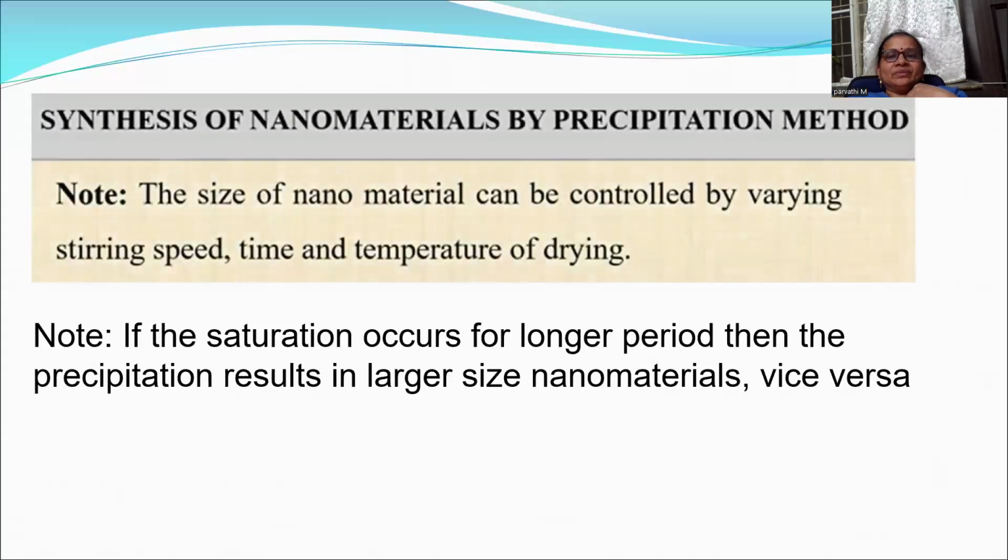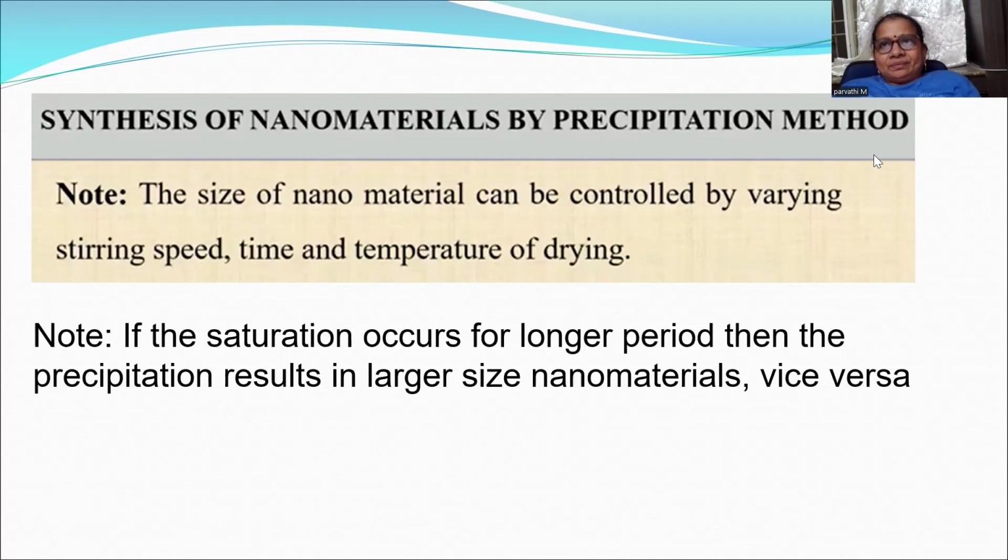In the synthesis of nanomaterials by the precipitation method, the size of the nanomaterial can be controlled by varying stirring speed, time, temperature, and drying. If the saturation period is longer while making the precipitate, the precipitation results in larger-sized particles, more bulky material.